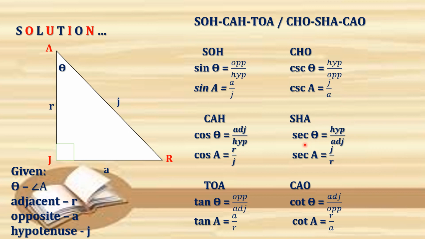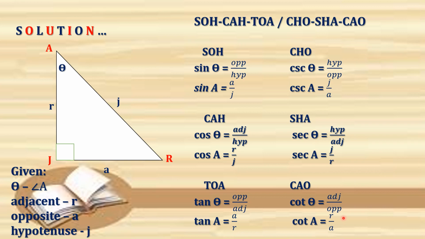Sha stands for secant theta is equal to the hypotenuse over adjacent. So secant A is equal to J over R. Next is the Cow. Cotangent theta is equal to the adjacent over opposite. In our given, the adjacent is R and the opposite is A.